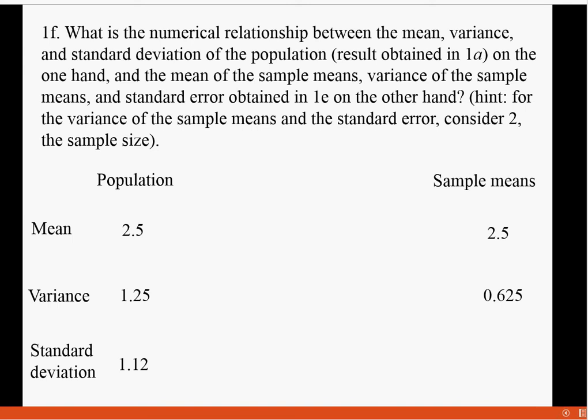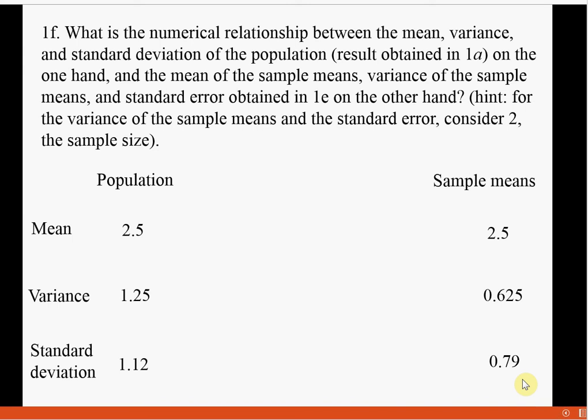The variance of the sample means is 0.625, so we find the square root of 0.625 to obtain 0.79. This is the standard error of the sample means. Now compare these sets of numbers: population mean and the mean of sample means; population variance and the variance of the sample means; population standard deviation and the standard error.